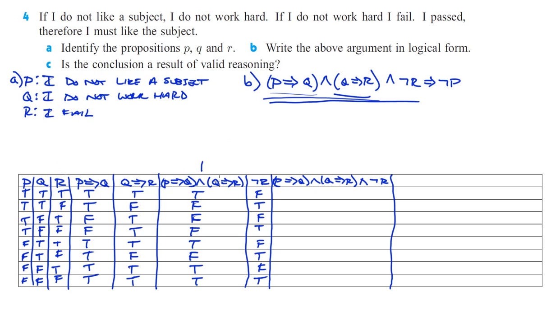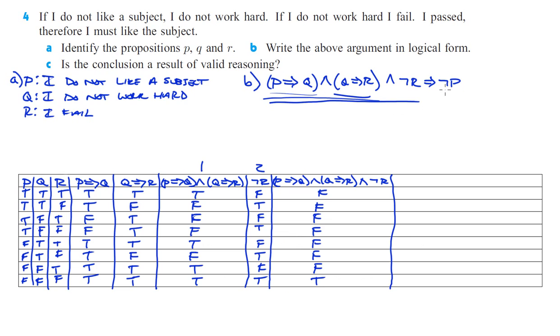So here's our if statement. R is our then statement, right? So, and then these are connected with the and, so they have to both be true, right? So true, false is false, false, true is false, false, false is false, false, true is false, true, false is false, false, true is false, true, false is false, and true, true is true. Okay? Now we have this whole mess here.